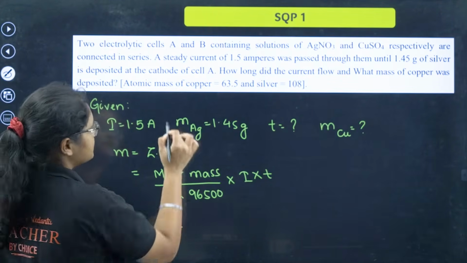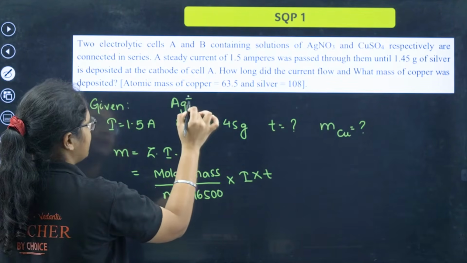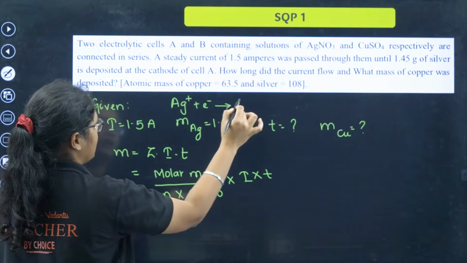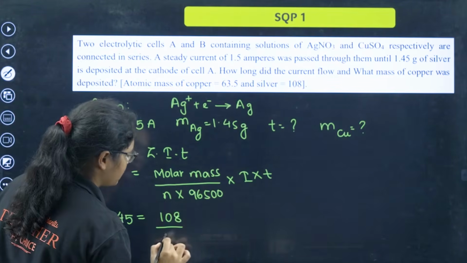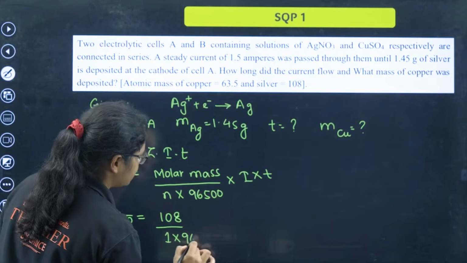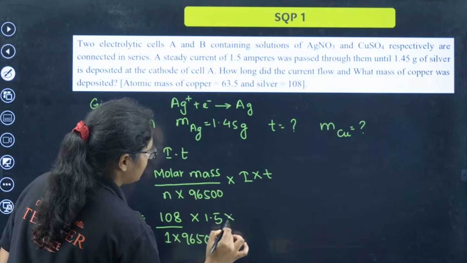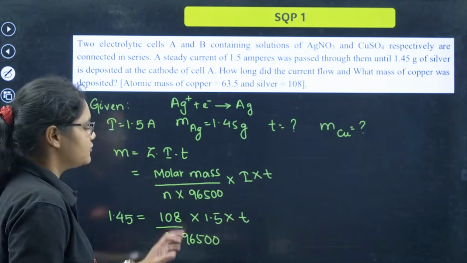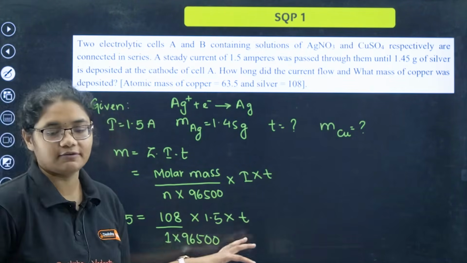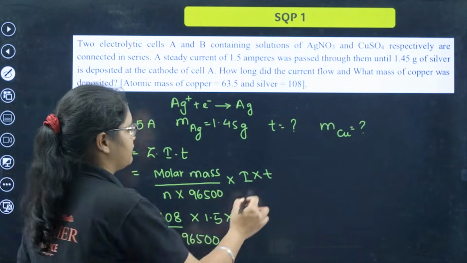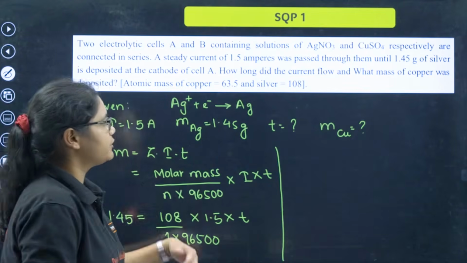For silver deposition, Ag⁺ plus 1 electron gives Ag, so the number of electrons involved is 1, into 96500. Current here is 1.5 ampere, and then time you have to calculate. If you solve this, you can calculate the value of time. I'll tell you how much we get after some time. Next we'll go to the next part.